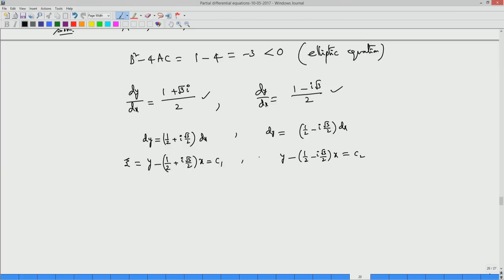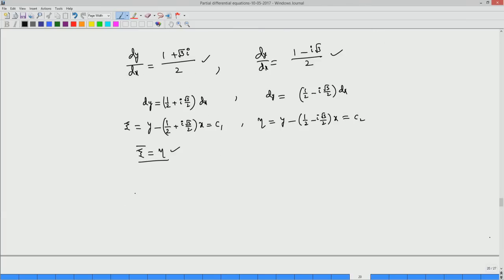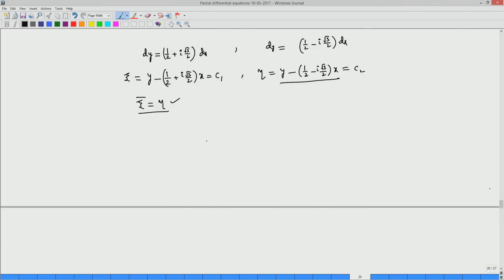So this is what you get, this is your eta. So you can see that eta is nothing but xi bar, that is what you can easily see. So this is your xi bar, and xi bar is simply eta.